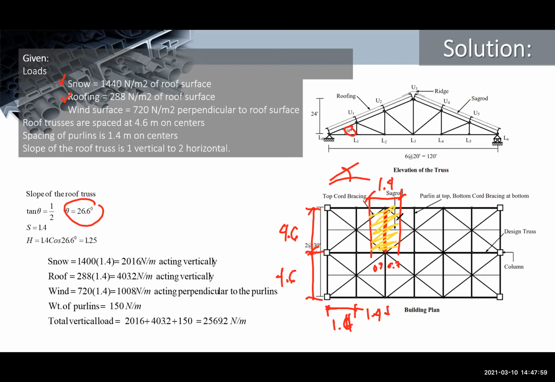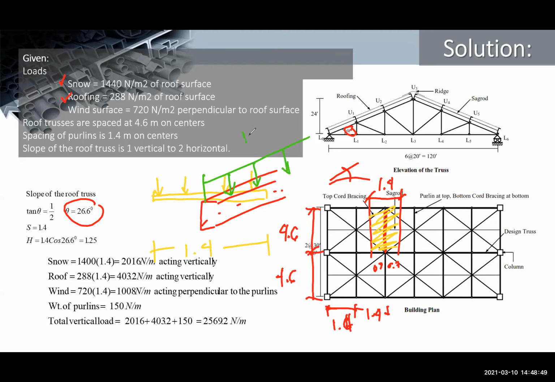Let us say this is the purlin, and this is the 1.4. Since it is a surface area, we convert this load into a uniform load in kilonewton per meter.